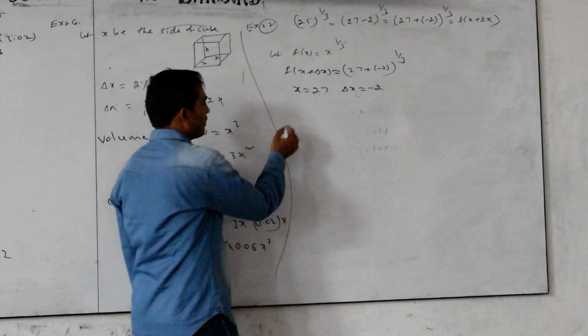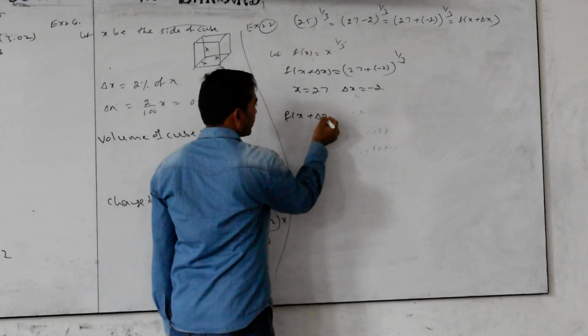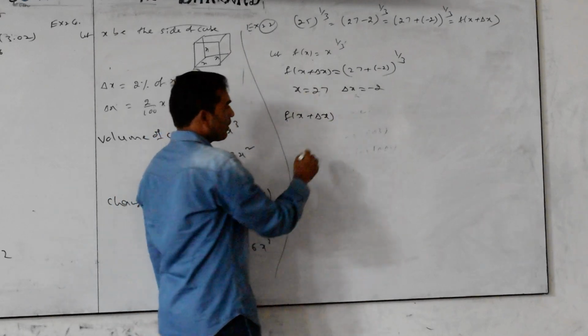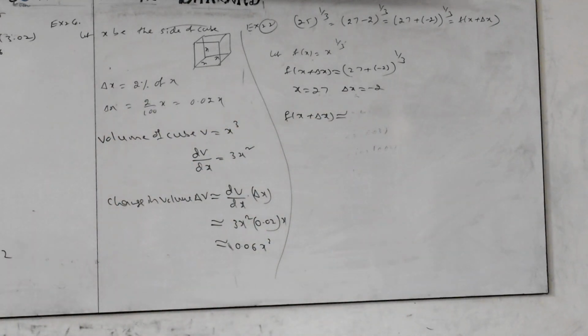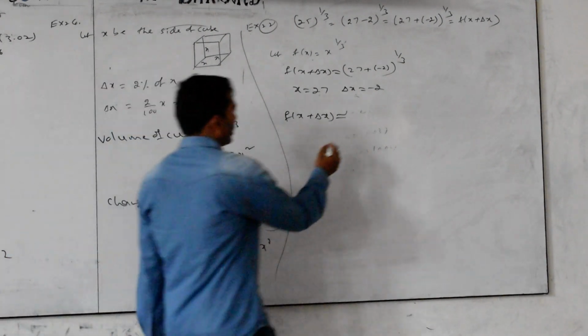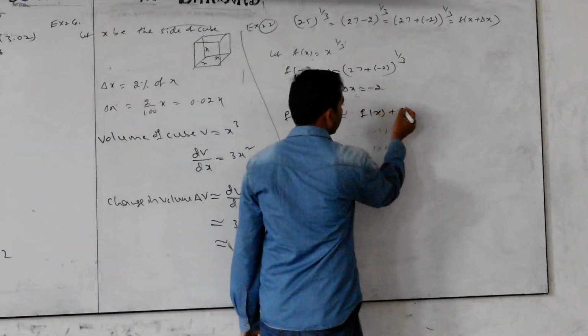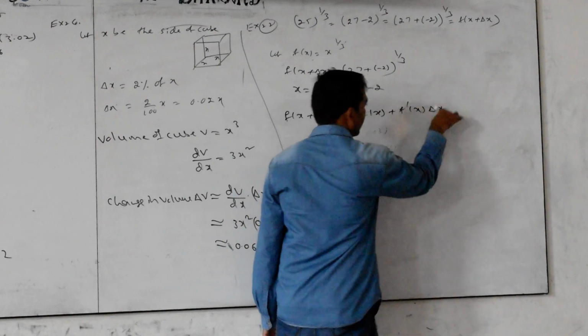Now we are going to find the f of x plus delta x value. The formula: f of x plus delta x equals f of x plus f dash x into delta x.